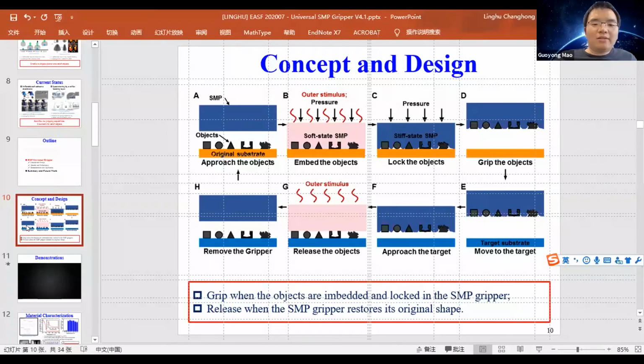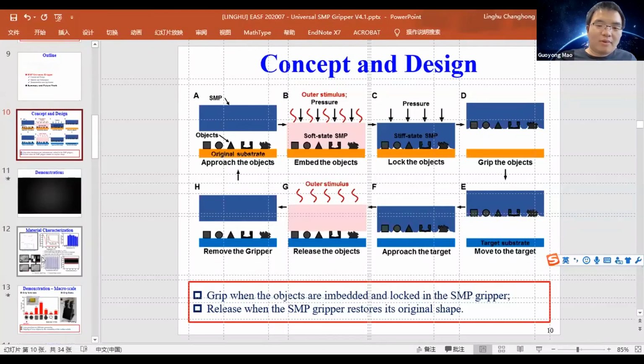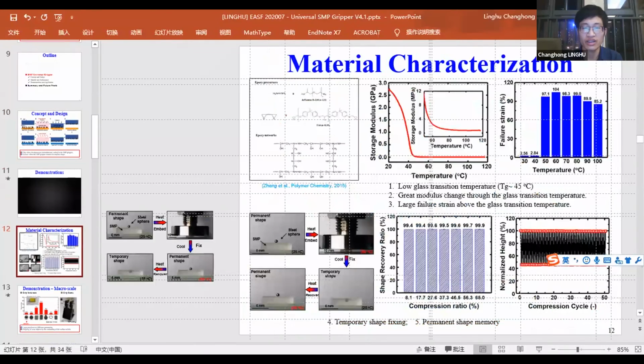Okay, and another question is about the lowest storage modulus. You showed a diagram, but the maximum one is gigapascal. I was wondering what's the exact number of the lowest storage modulus?